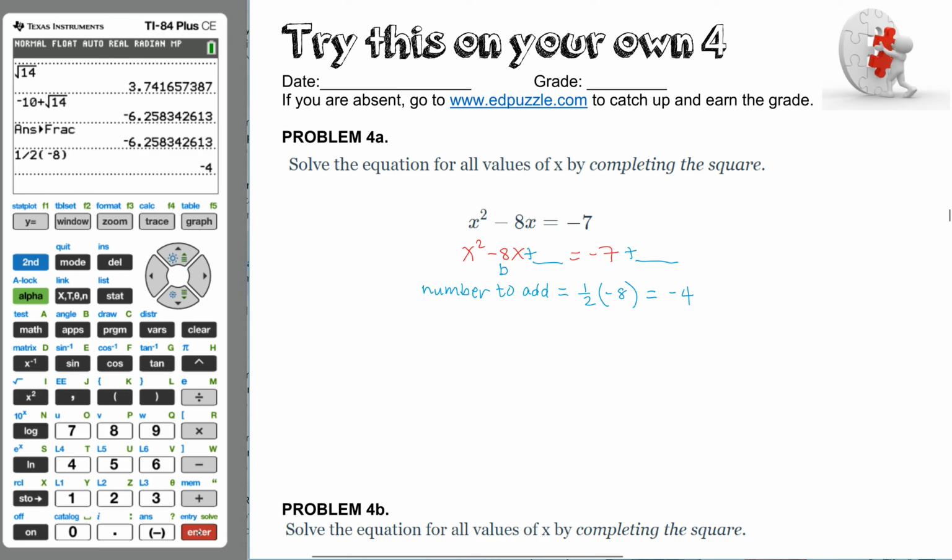And then we simply square this one. So we have now negative 4 squared. Press enter. So this one could be 16.